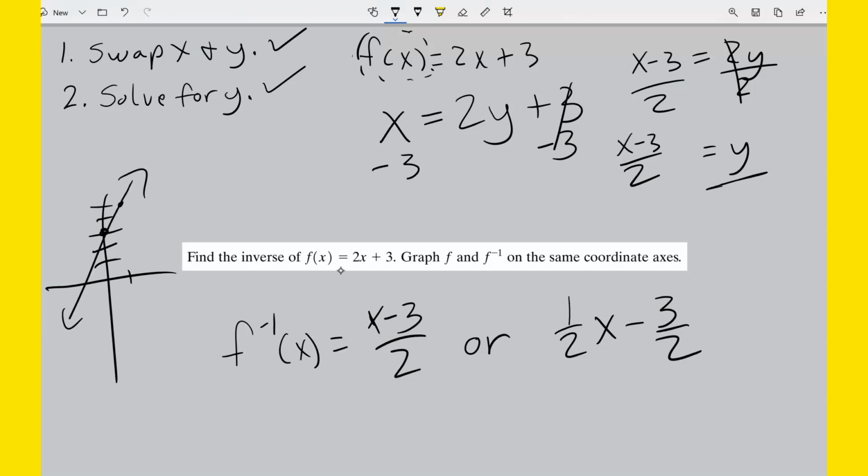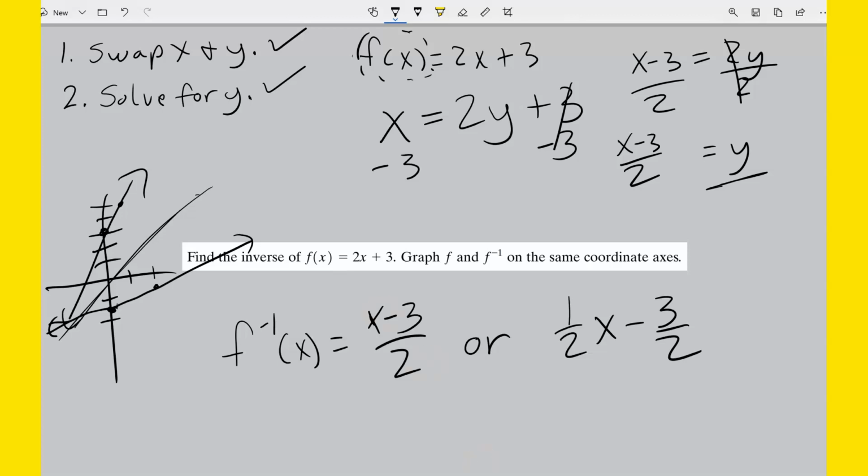Something like that. 1/2 x minus 3/2. So negative 1.5 is the y-intercept. Now go up 1 over 2. So there's the inverse. I'm not drawing that too neat, but you can see that it has that symmetry about the line y equals x.